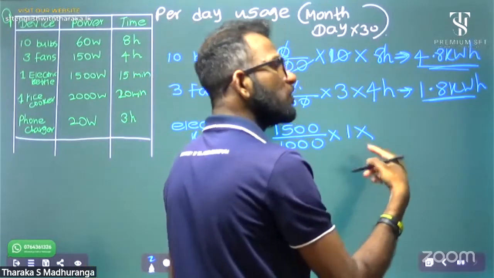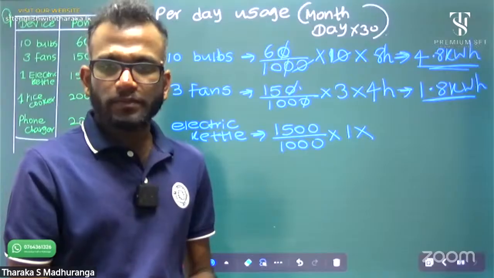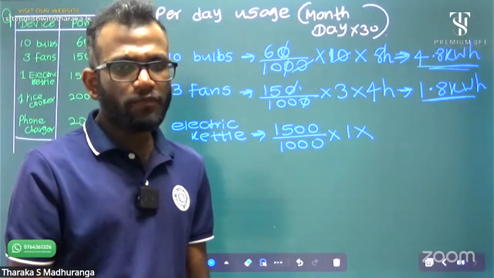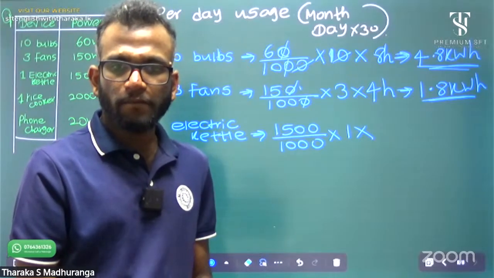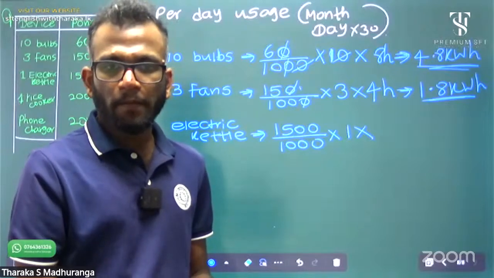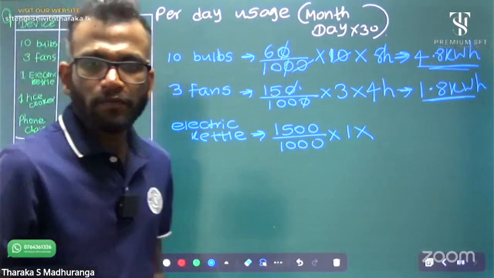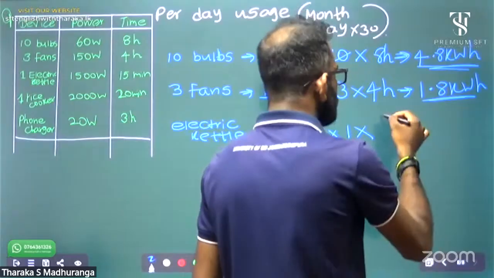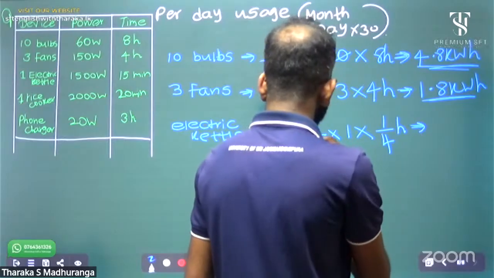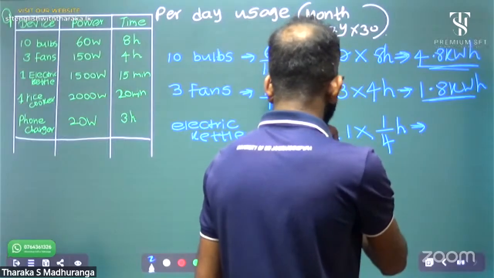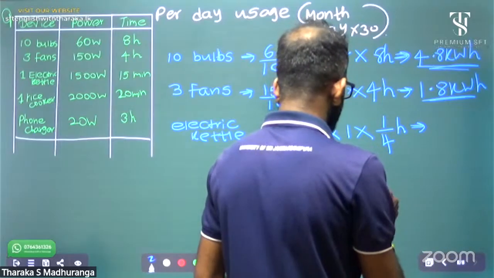Only 15 minutes. 15 minutes means how many hours? Very good. 0.25 hours, or 1 over 4 hours. Okay, 20 cancel out. 15 over 40.